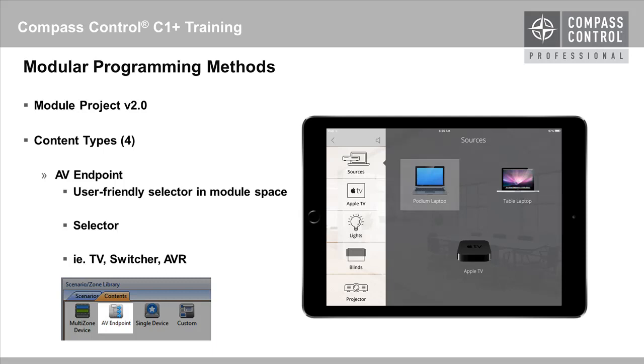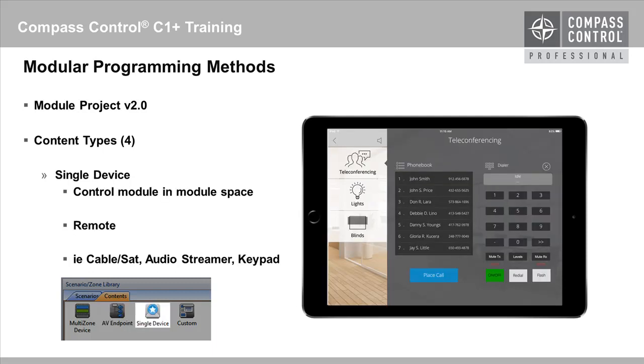It could be a professional switcher, like a presentation switcher. It can be an AV receiver. Okay? This is automatically built based on a tree that we will define in Compass Navigator. And it creates automatically a user-friendly interface, just nice big buttons with descriptive text for your client.